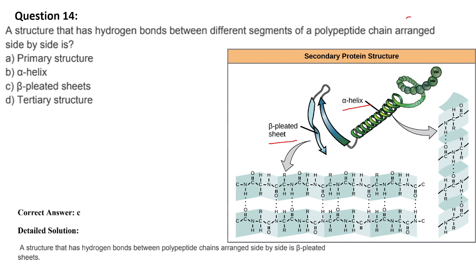So this is alpha helix and this is beta pleated sheet. In alpha helix, there is hydrogen bonding not side by side, but in beta pleated sheet there is hydrogen bonding side by side. So beta pleated sheet will be the correct answer. Fine.